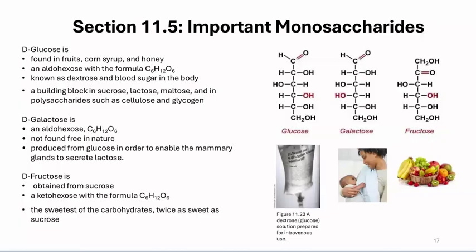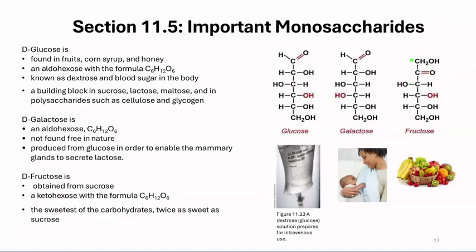When we look at its structure, it is actually a ketohexose. And when it comes to its chemical formula, it also shares the C6H12O6 chemical formula. We can observe that the ketone in fructose is up here. That's why it's known as a keto or a ketose sugar.